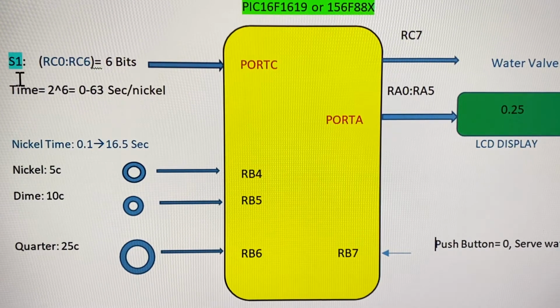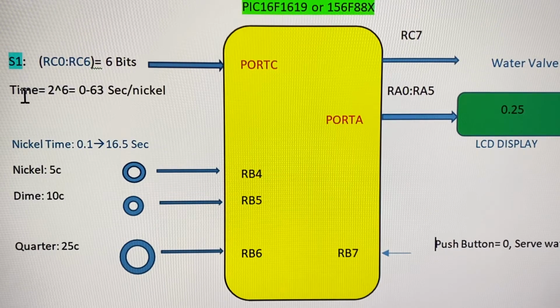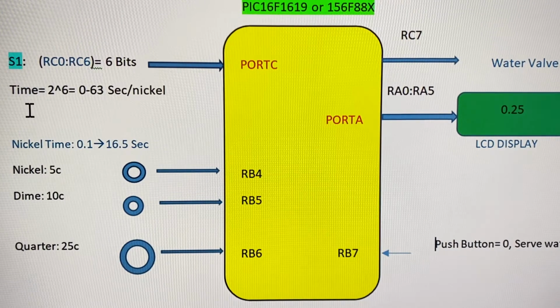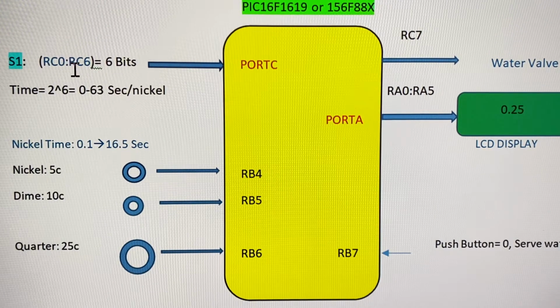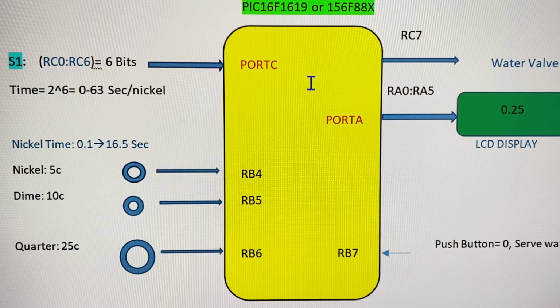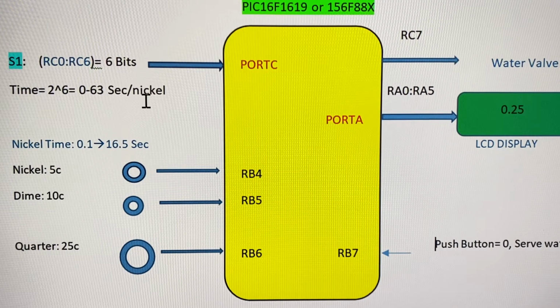Now we're going to see how to design a water vending controller where we have several conditions. In this case, port C will be using 6 bits to read the serving time required for the minimum coin, in this case a nickel.